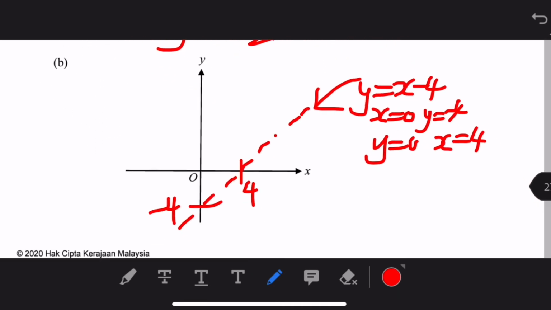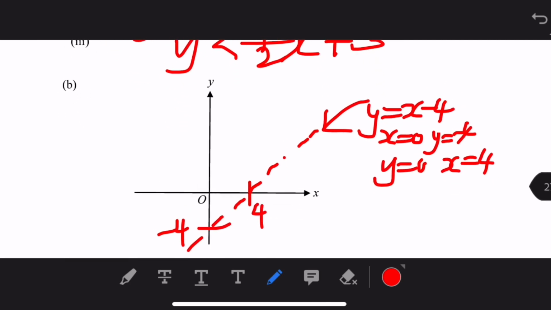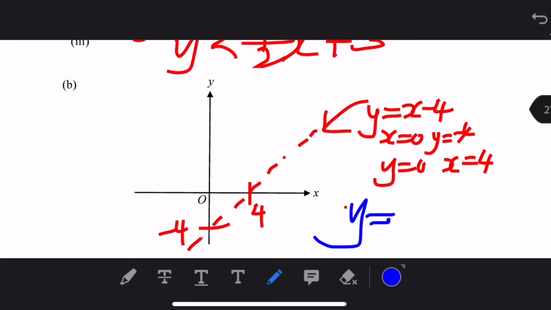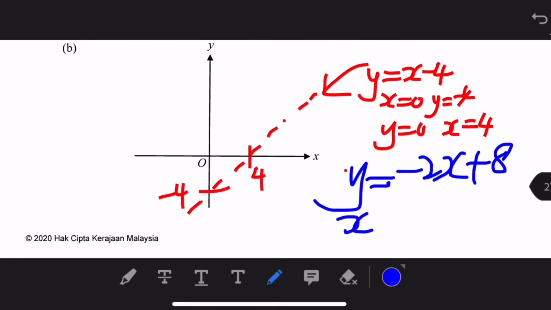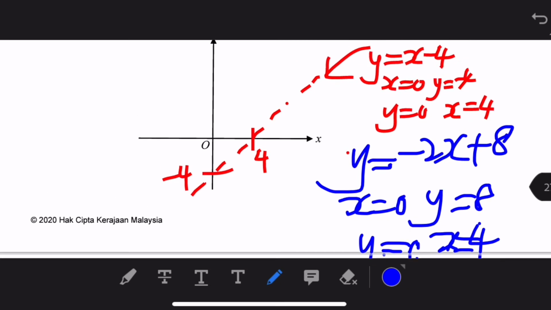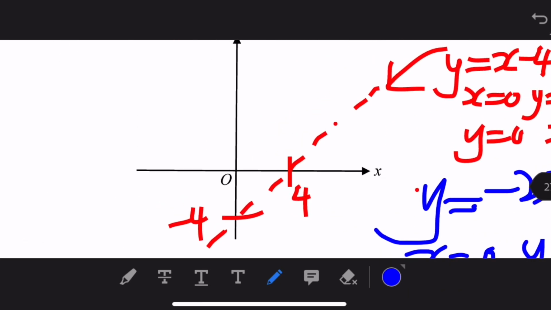Then how about y equal to negative 2x plus 8? When x is 0, my y is 8. When y is 0, my x is 4. You substitute carefully. So the graph will be something like this. Now I have two lines, which is another one.